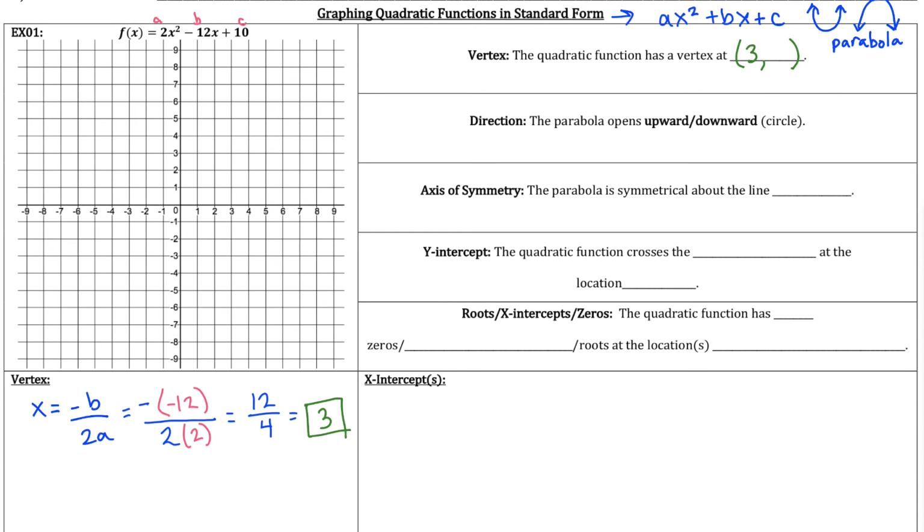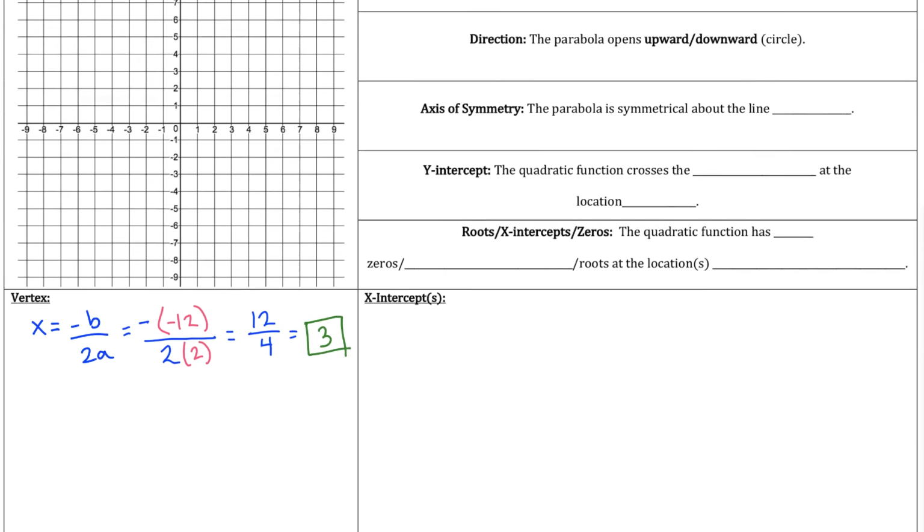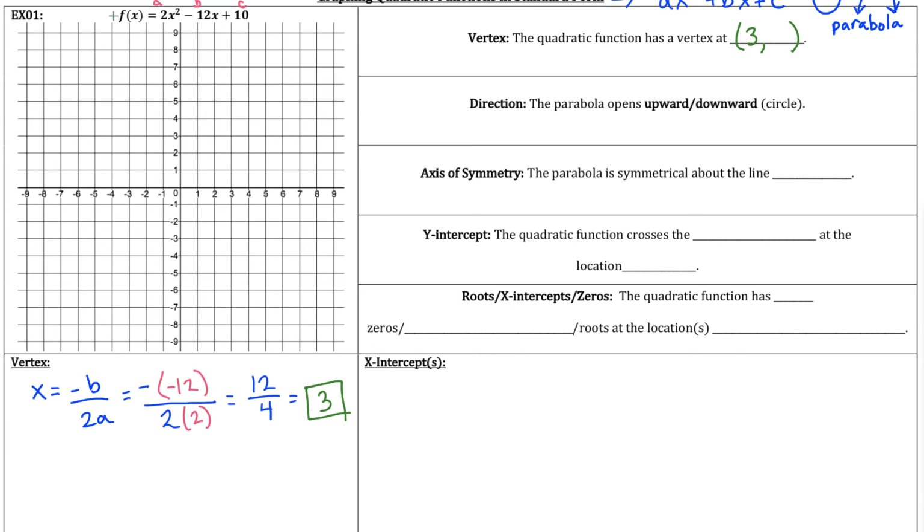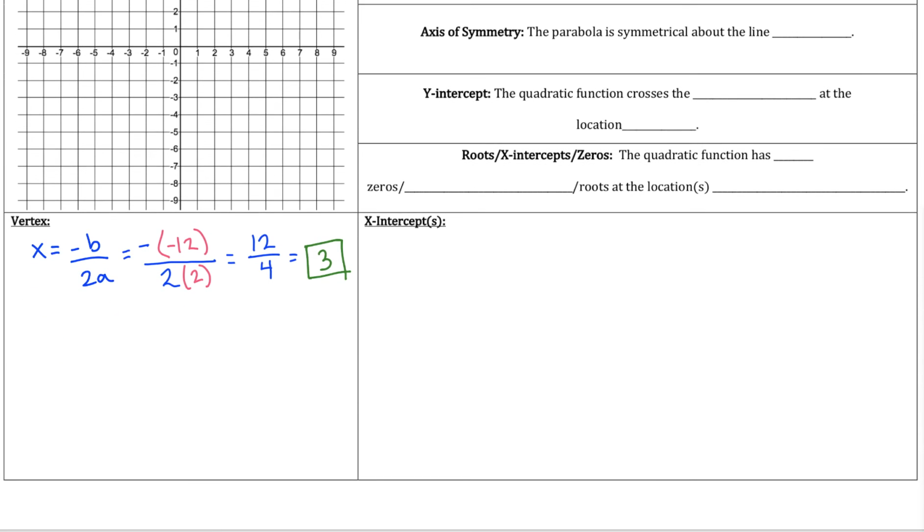I need to know the y value, so I'm going to substitute it in here. So I'm going to do f of 3.